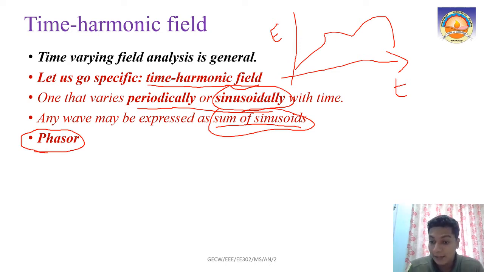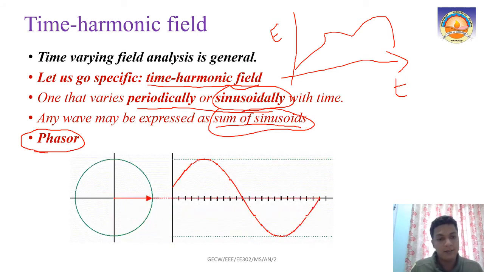Those four Maxwell's equations that we derived are time dependent, like del cross E equals minus dou B by dou t, right? All those equations we already wrote, and we understood that they are interdependent and time varying as well. Our intention is to write them in the form of phasors. What a phasor is, is quite well known to you, right?